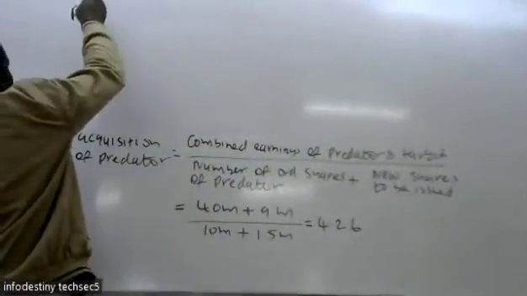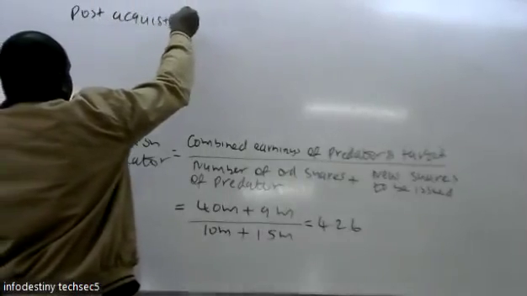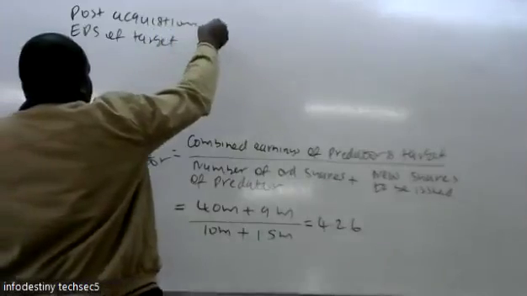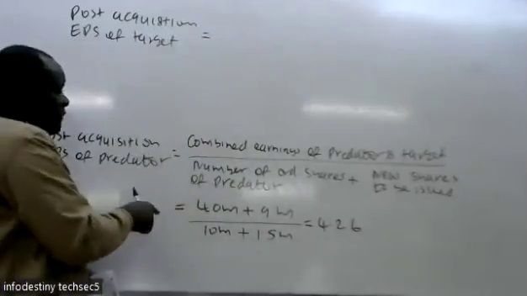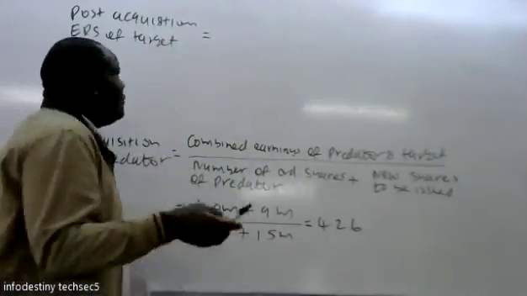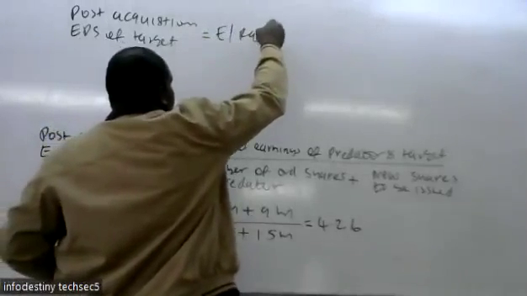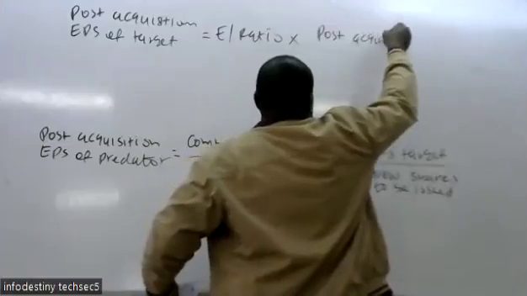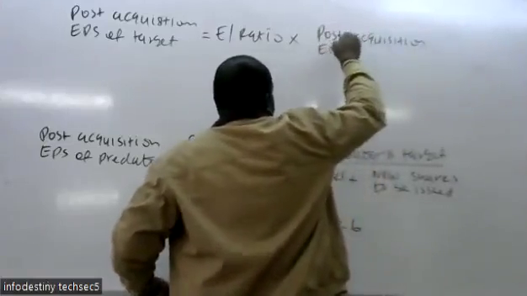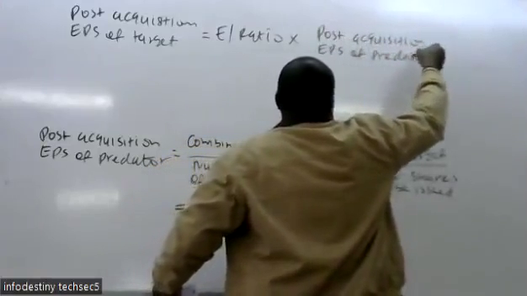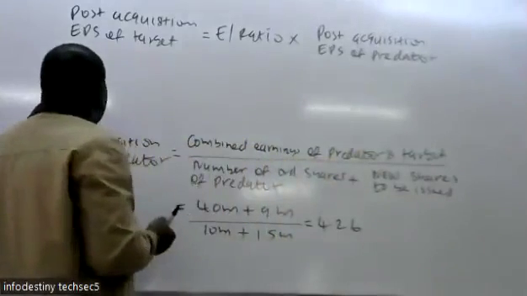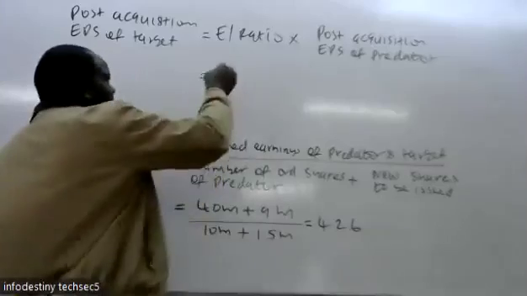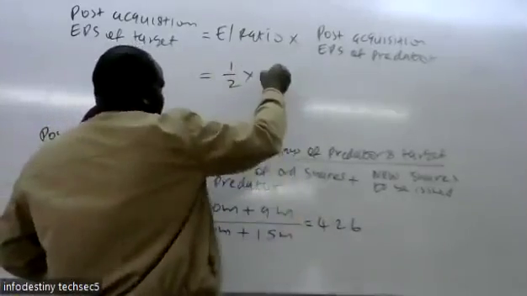To compute the post acquisition earning per share of the target, you simply take the exchange ratio multiplied by the earning per share of the predator. The exchange ratio was 1:2, the same as 1/2, multiplied by 4.26.